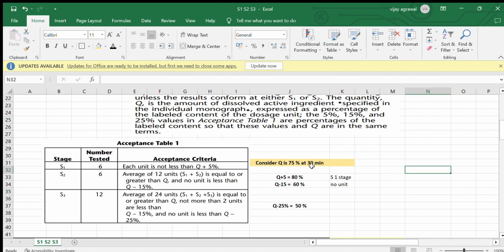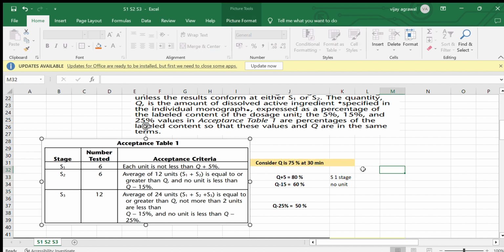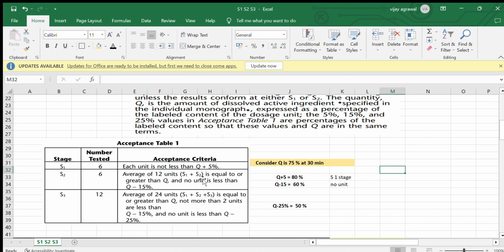So your specification was 75% plus 5%, that is 80% at S1, then 75% average at S2, and no unit is less than Q minus 15.